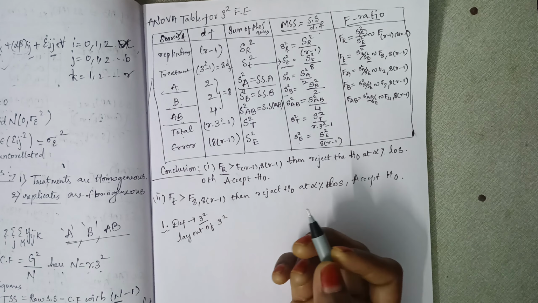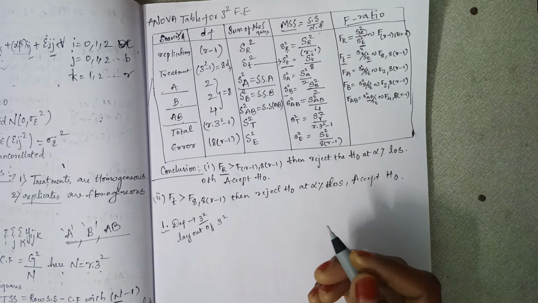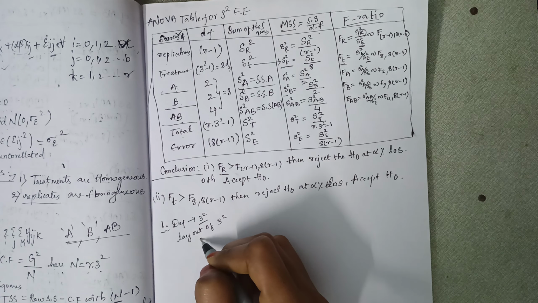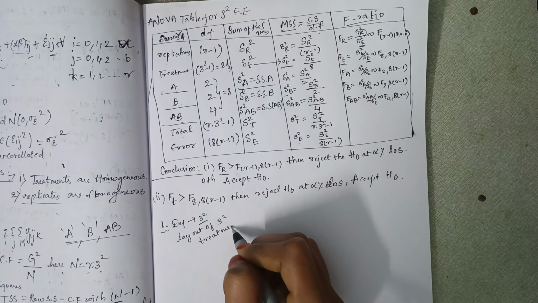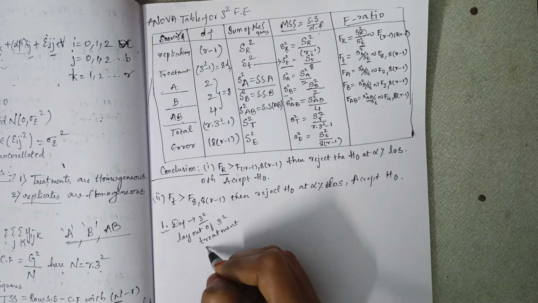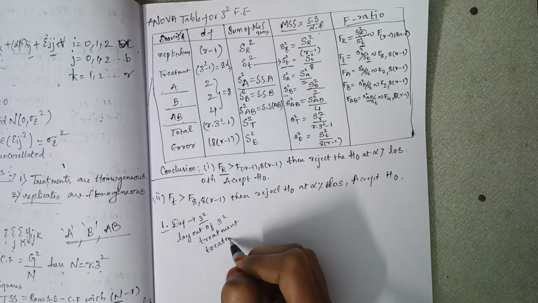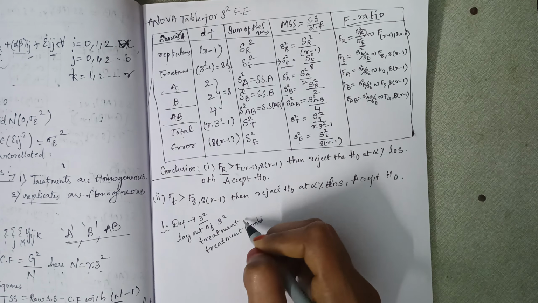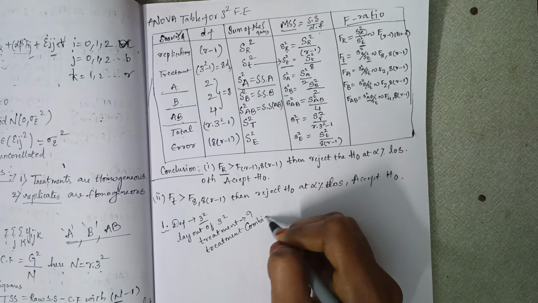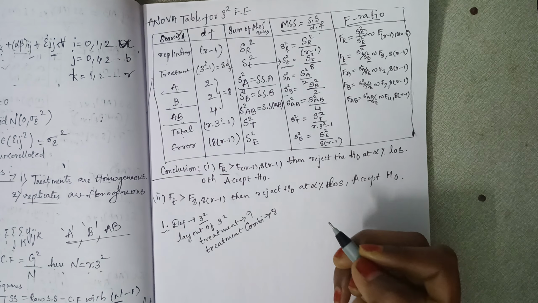And we have determined how many effects there are and how many treatments there are in the p square factorial. Treatments are 9 and treatment combinations are 8.